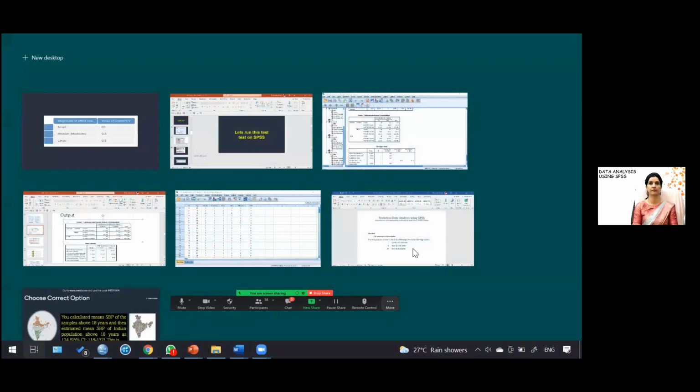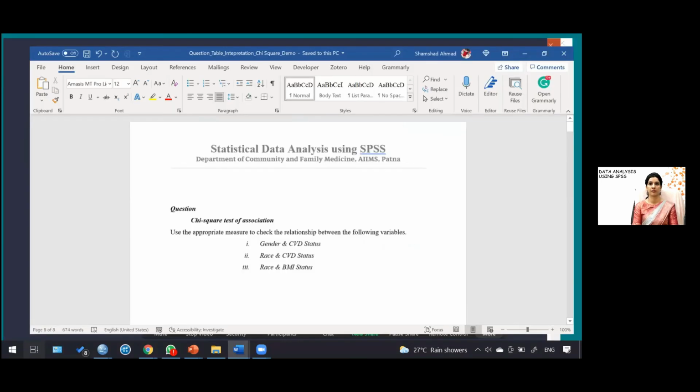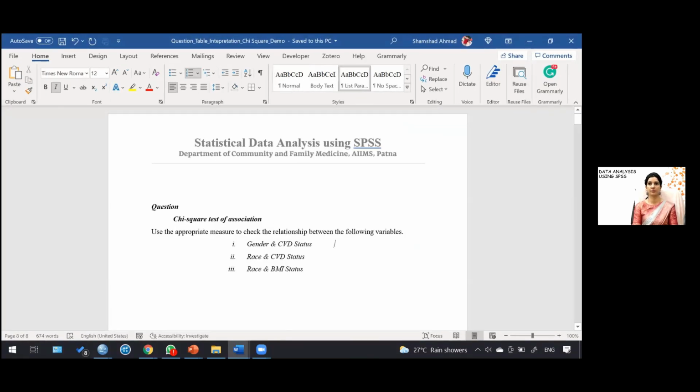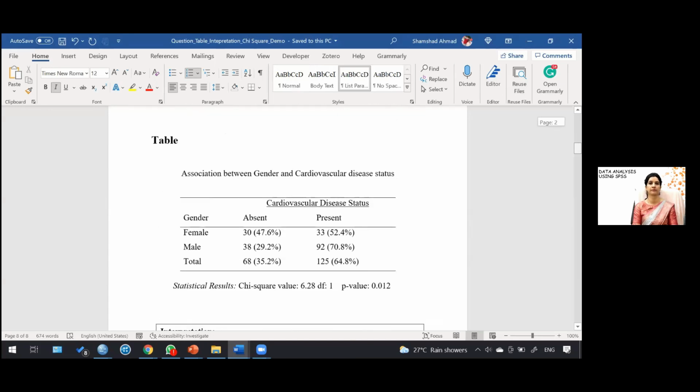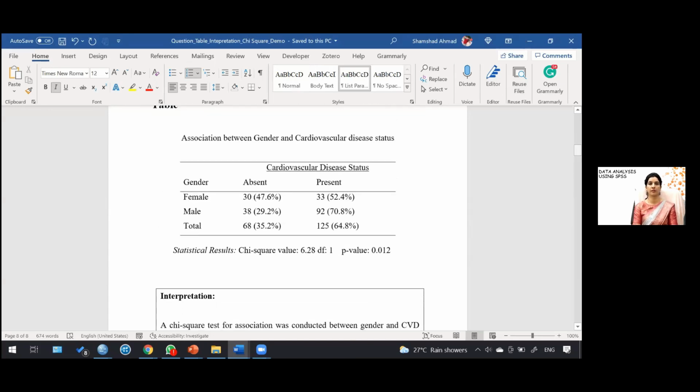Now if I go to the interpretation, this was the table. The table starts with the table number; you can write table number 1, 2, or 3. Then a suitable title: association between gender and cardiovascular disease status. In brackets, you should give the total number, like N=193.